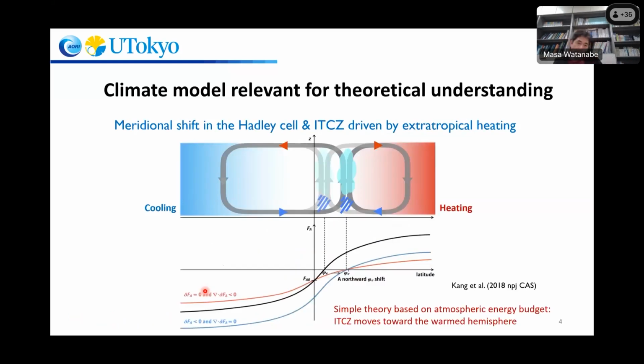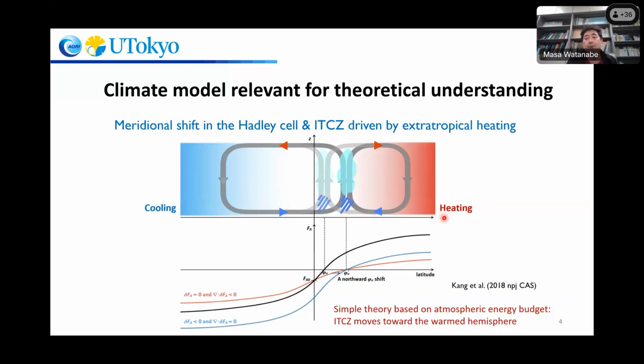Another example is the use of climate models to support theoretical understanding of the climate system. Sarah Kang and others have proposed a theoretical argument about the shift of the tropical rain band, aka ITCZ, in response to the hemispheric contrast.